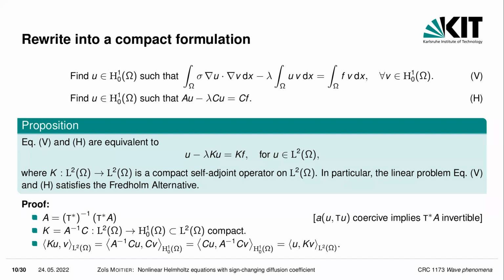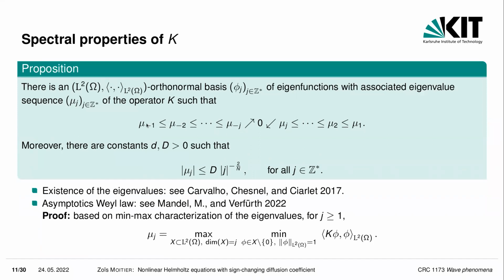But we need a little bit more. We need to know about the spectral property of our operator. And here we have a nice compact operator, K. And so we look into the spectral property of K. And since K is a compact self-adjoint operator, there exists an L2 orthogonal basis of eigenfunctions associated with the eigenvalue sequence mu_k for the operator K. And we know that this eigenvalue sequence can only accumulate at 0.